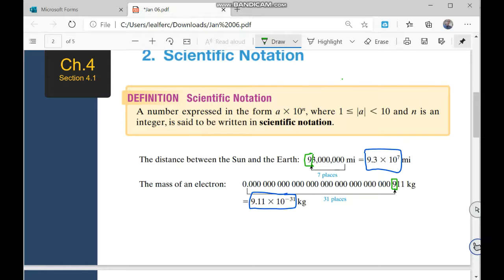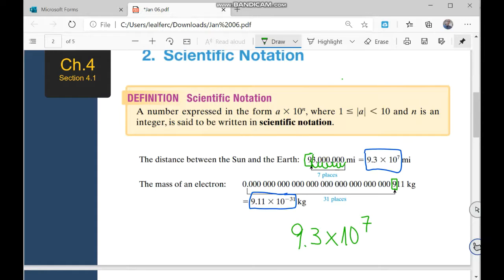We take this first digit, 9, and move the dot right before the 9. So we move 1, 2, 3, 4, 5, 6, 7 places. And this is going to be 9.3 times 10 exponent 7.